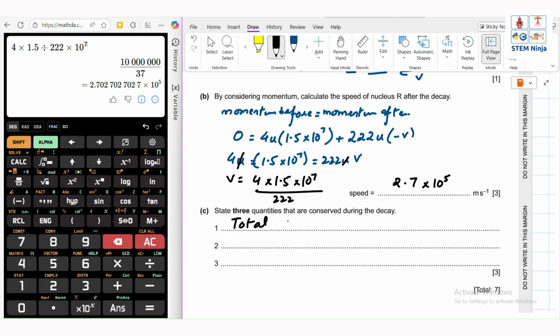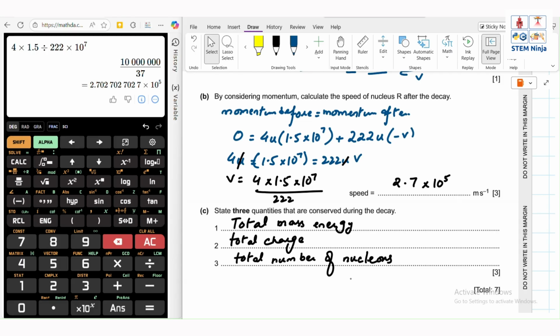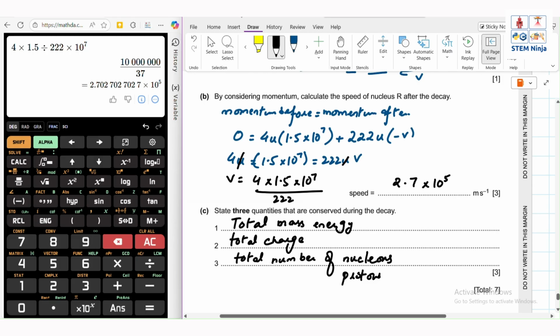So total mass energy, total charge, and total number of nucleons. You could also add the total number of protons also, because nucleons does involve neutrons and protons, so you could say neutrons also.